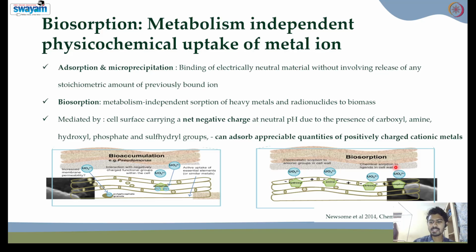We call this chemisorption to ligands in the case of the cell wall. So these heavy metals will be absorbed onto the cell membrane, where various kinds of interaction can occur. It can be hydroxyl interaction, amine interaction, carboxyl or phosphoryl groups, depending upon their electrostatic interaction. They bind. So it is normally a metabolism-independent absorption of heavy metals.